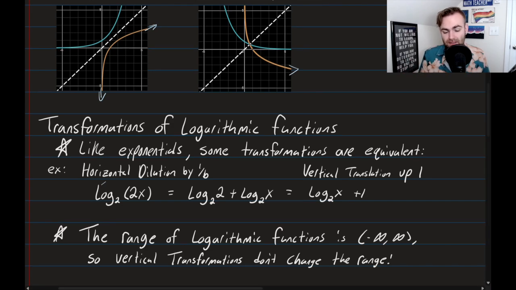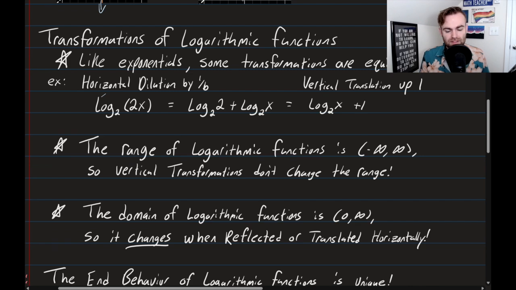It's important to realize what changes when we do our transformations. Vertical transformations don't change anything when it comes to the range of the function, because it doesn't matter if you add, subtract, multiply, or divide. If it starts as infinity, it's going to end as infinity. And reflections just mean negative infinity becomes positive infinity, and positive infinity becomes negative infinity.